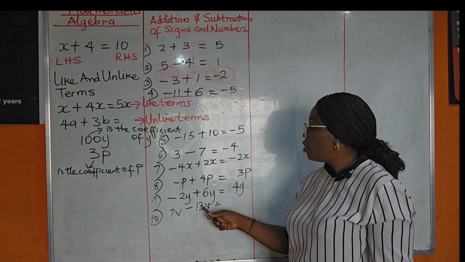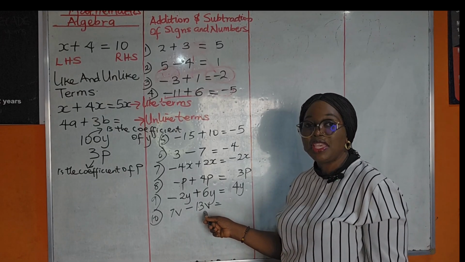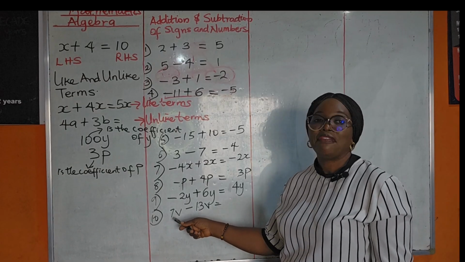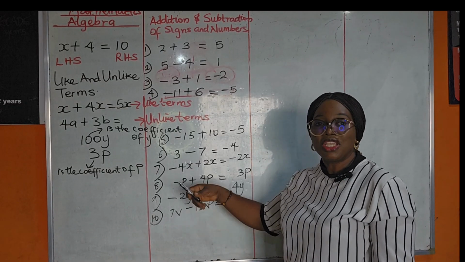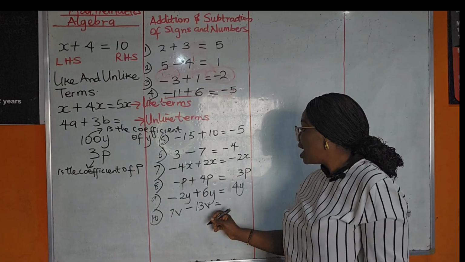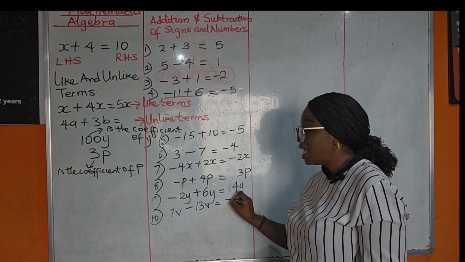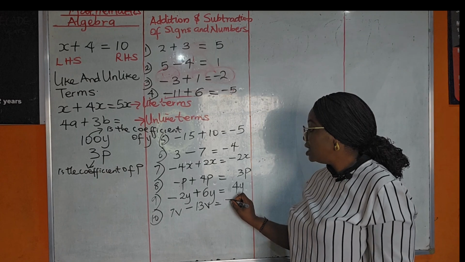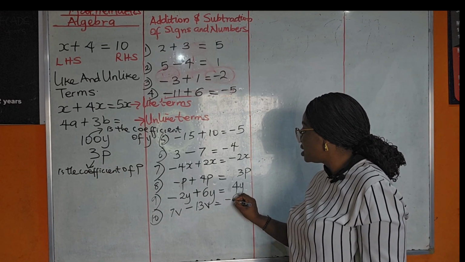So if you're owing 13 vests, and you just have 7 vests, you're going to give out all the 7 you have, and you're still going to be owing. And that's why your answer will carry a negative sign. And then you'll be left with 6v.